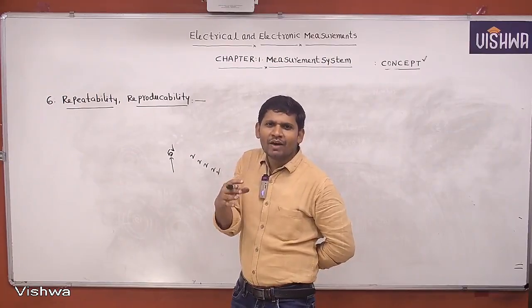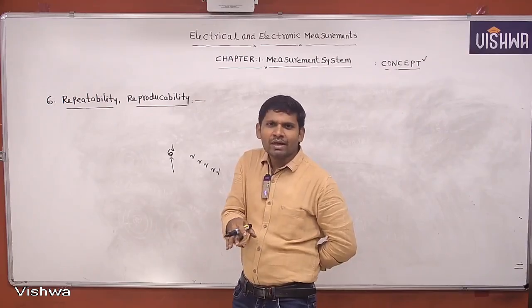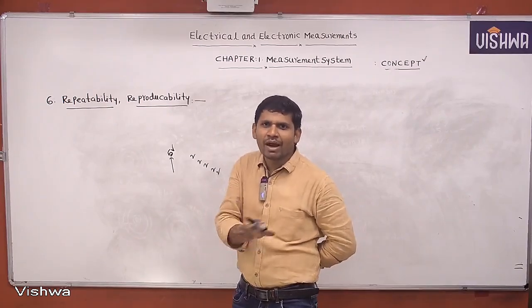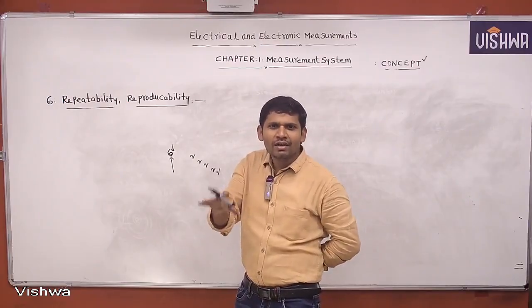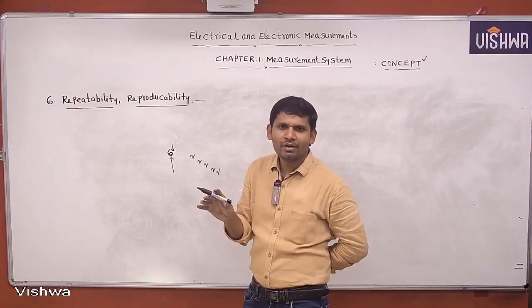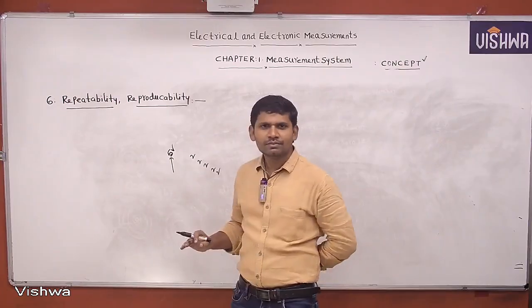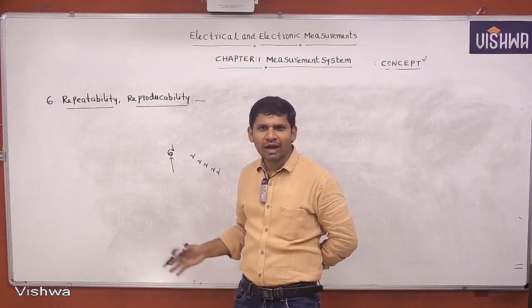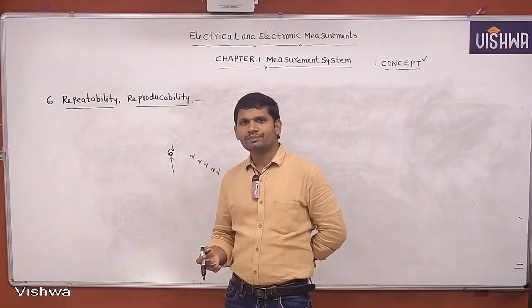For a given value of input, the same input I gave 5 times using the same instrument, at the same condition, at the same time. Not different times, not different instruments, not different conditions. All the inputs I gave at the same time using the same instrument. For the same value of input, I am getting the same output every time. Then it is nothing but repeatability.